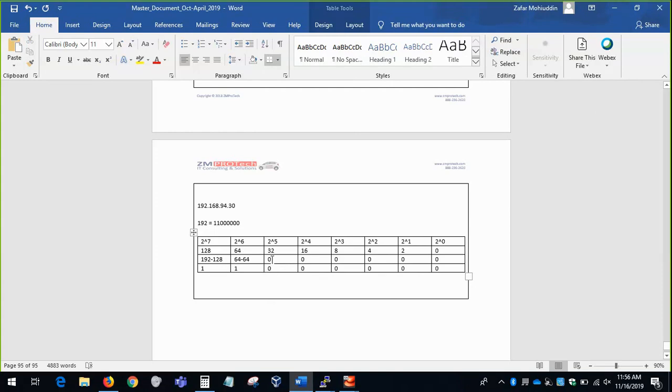If nothing is left, we cannot remove 32 from 0. So this part is all zeros. So 192 for the computer is 11000000. If you can do any kind of calculation, that part will be 1, otherwise everything will be 0.